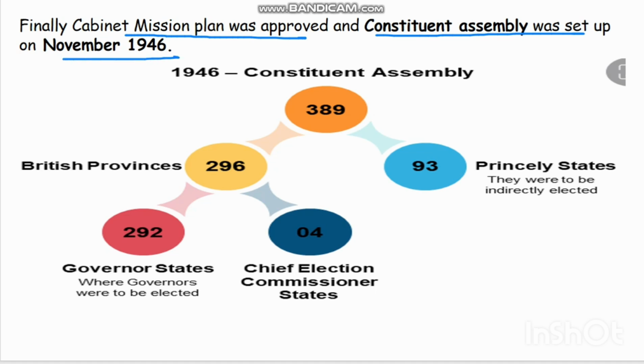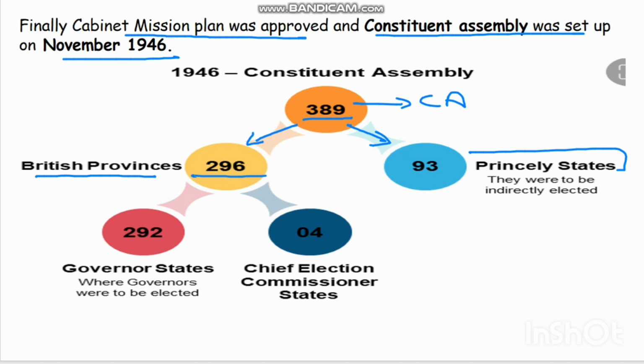In that plan, there are a total of 389 seats in the Constituent Assembly. In that, 296 seats were directly given to British provinces and 93 seats were given to princely states, where the states were ruled by kings.